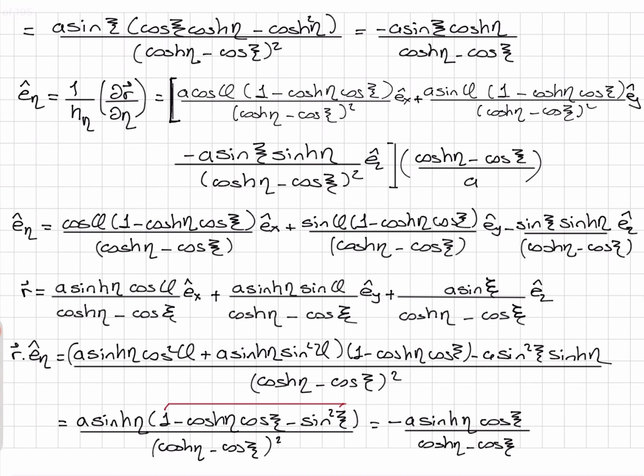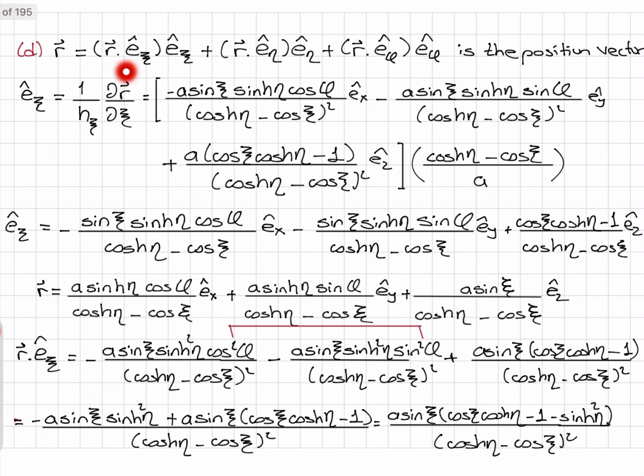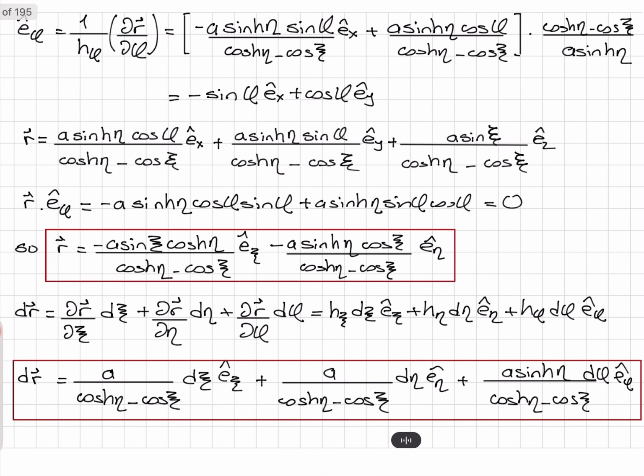First I found the unit vectors written in terms of e_x hat, e_y hat, and e_z hat. Then I take a dot product with the position vector written in terms of e_x hat, e_y hat, and e_z hat using the coordinate transformations between toroidal and Cartesian coordinates. Taking the dot products with e psi hat, e eta hat, and e phi hat, I can find the prefactors for these unit vectors, which is what I have done here.